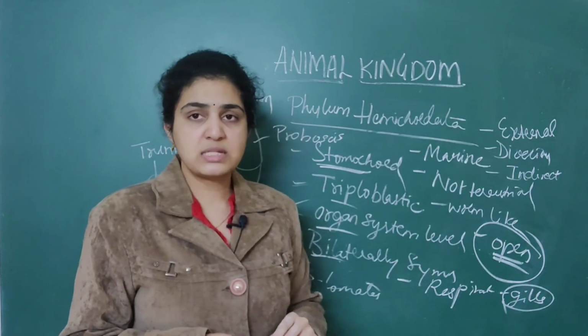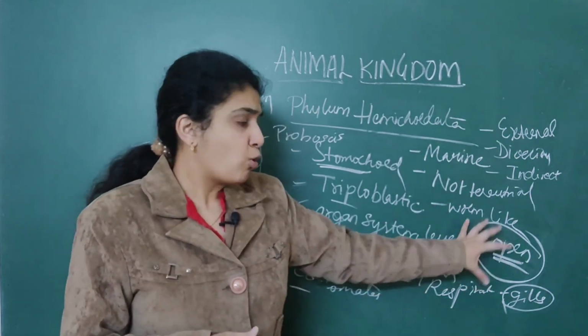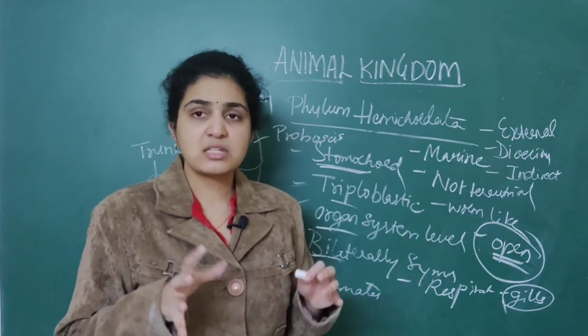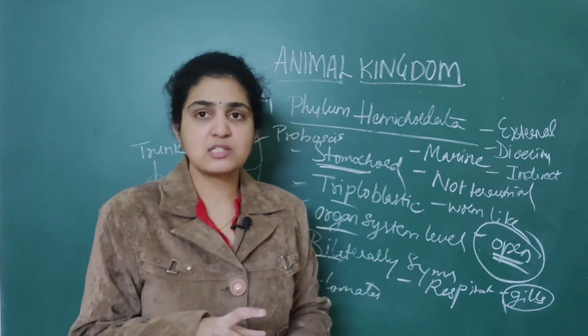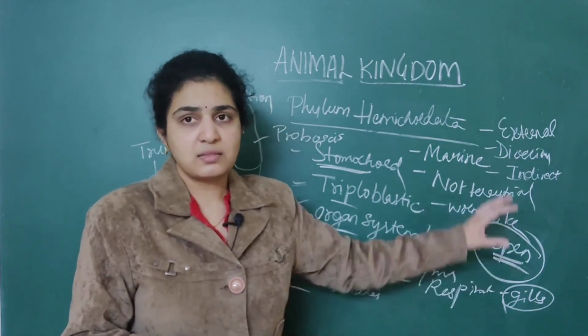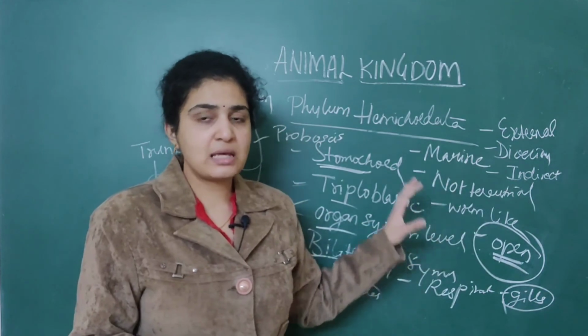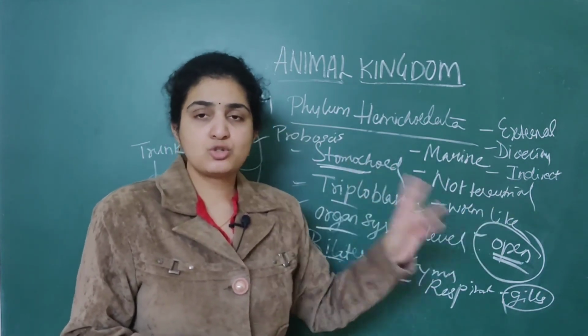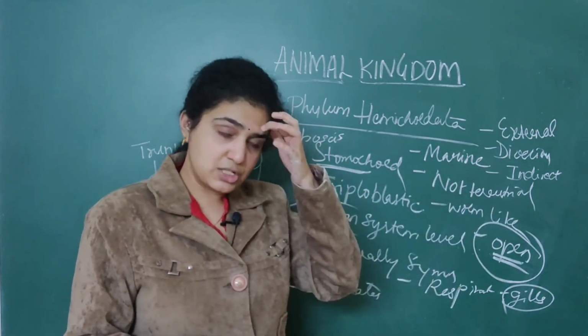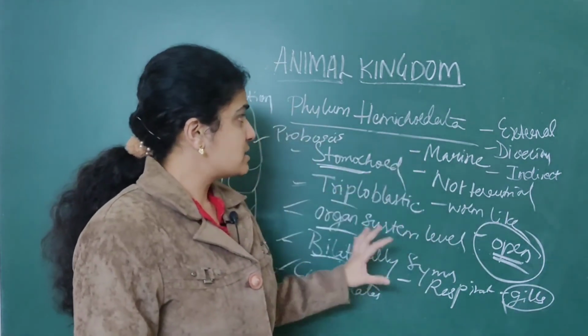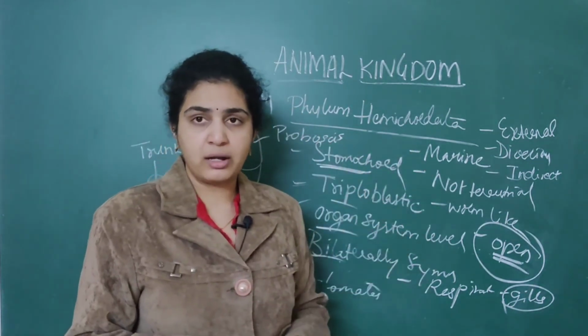Also, two phyla exhibit open type of circulatory system, where blood flows into open spaces called sinuses. That is Arthropoda as well as Hemichordata. So this is about the phylum Hemichordata.